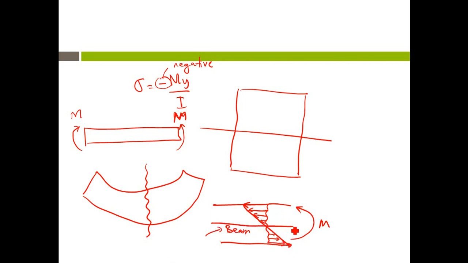This is the neutral axis. The upper part of the beam will be in compression. The lower part, below the neutral axis, will be in tension. Force going out is tension, force going in is compression. So if you know that, there is no need for the minus.